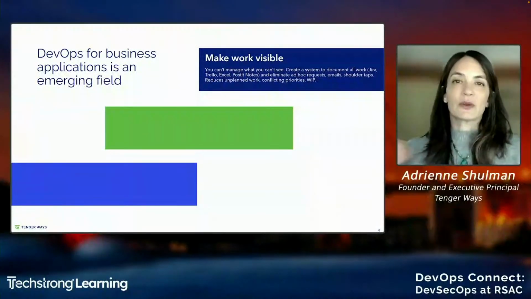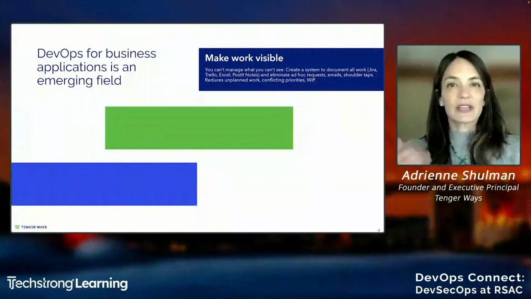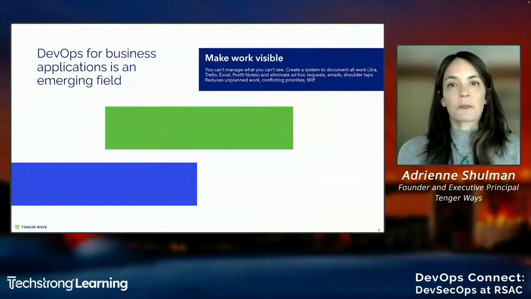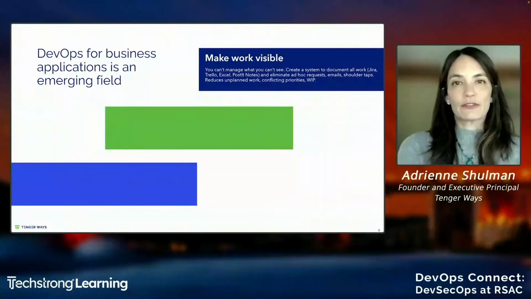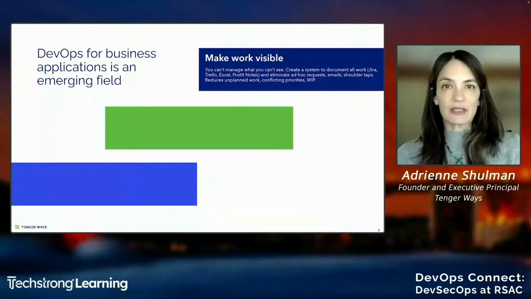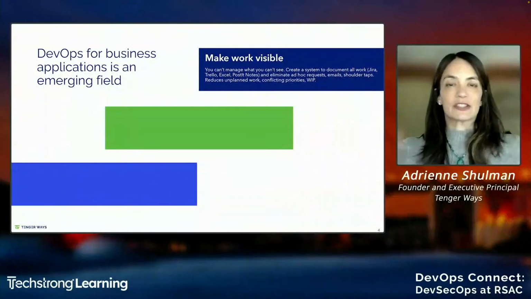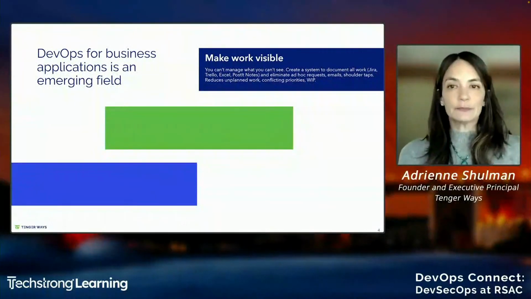But they may also be getting Zendesk tickets or other tickets for some of the operational work. They tend to also get a ton of shoulder taps and emails asking for support, one-off requests, and questions about how something's going to work. So these teams feel almost inundated with requests from all over.